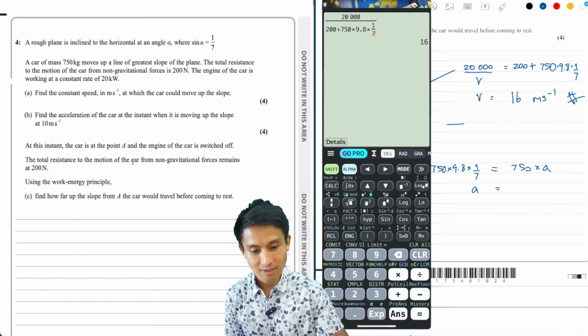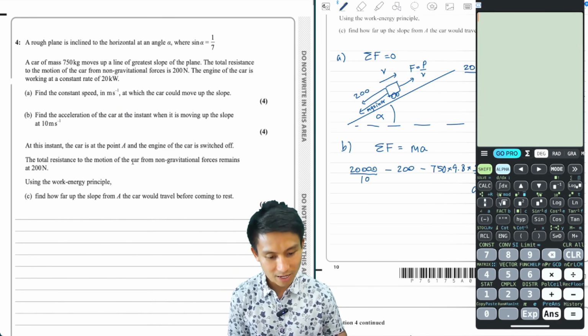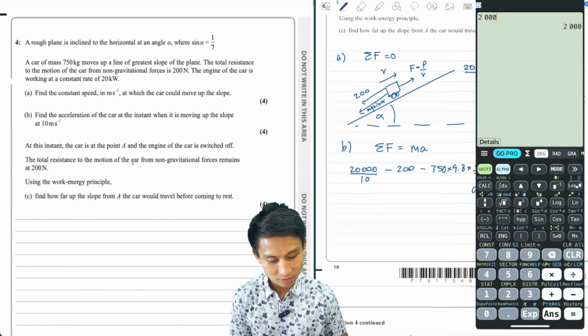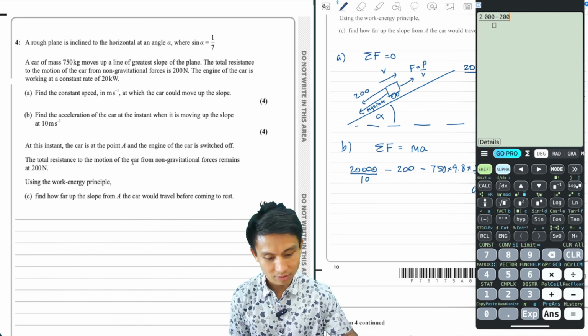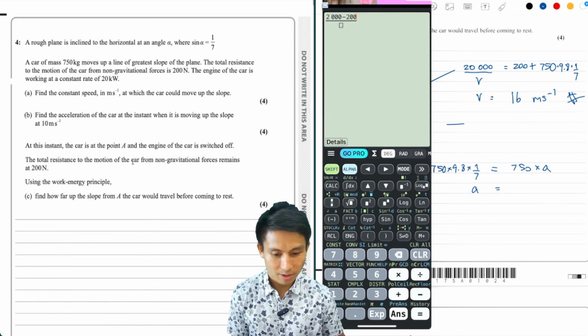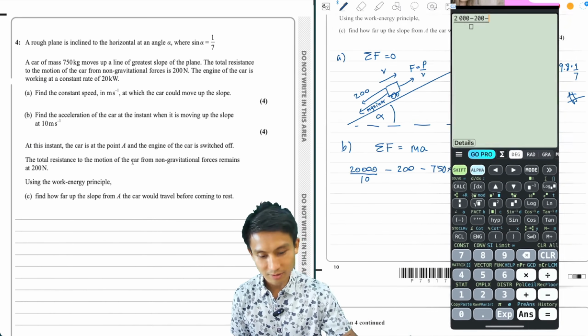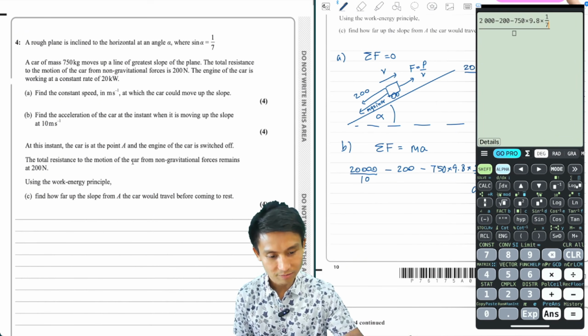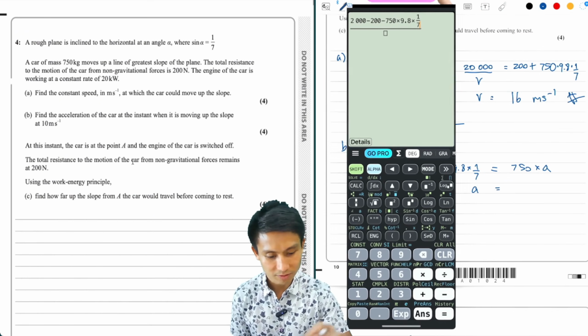That's easy. So just plug everything in again. So that's 2,000 for the force minus, well, let me do fraction, 2,000 minus 200. And then minus the weight component, 750 times 9.8 times 1 over 7. Yeah, still the same thing there from before.